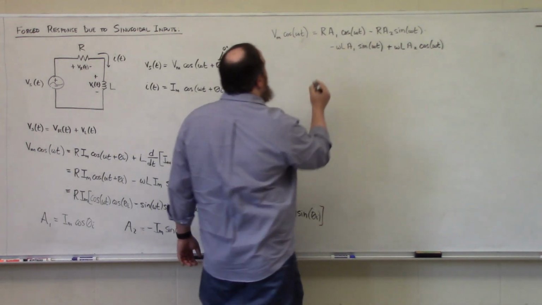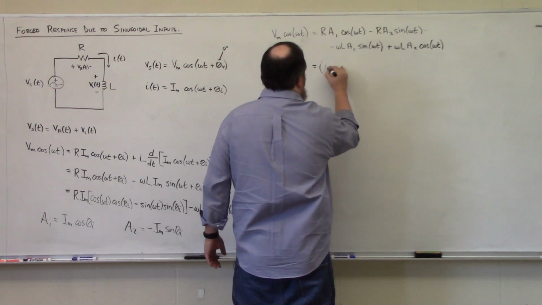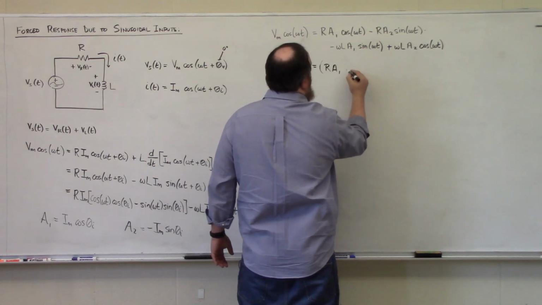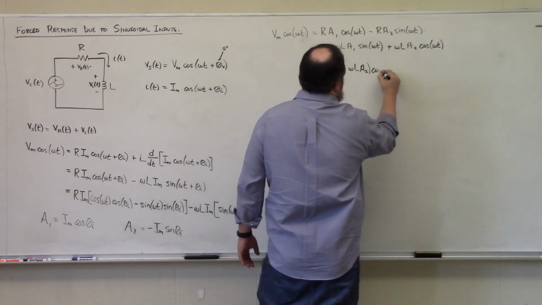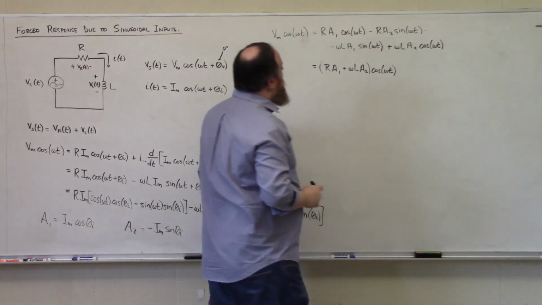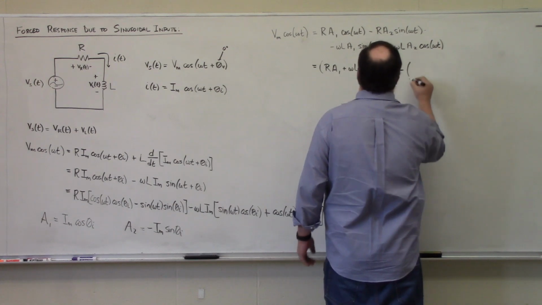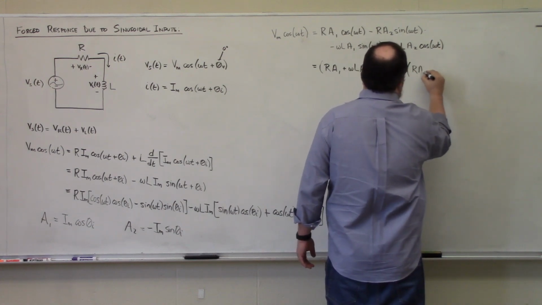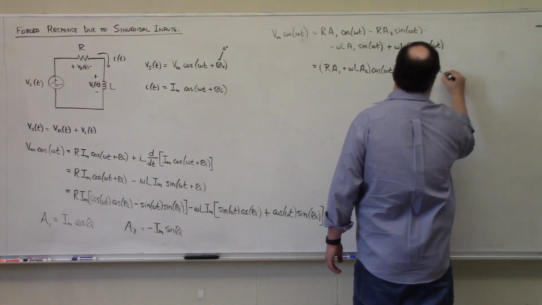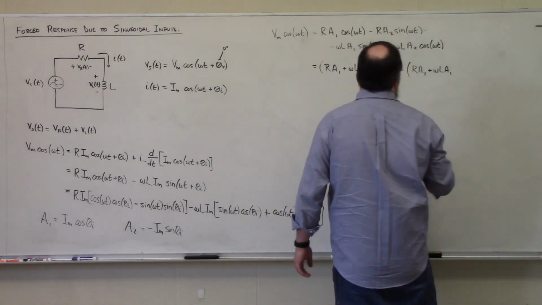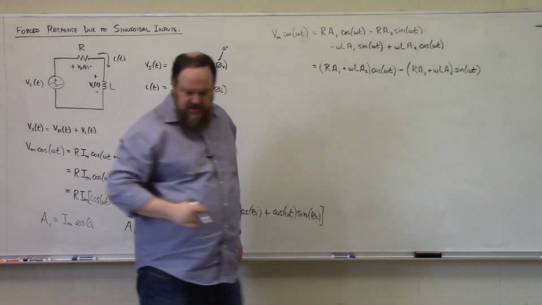And so if I group my terms together, I'm going to have R A1 plus omega L A2 cosine omega t minus R A2 plus omega L A1 sine omega t is equal to Vm.